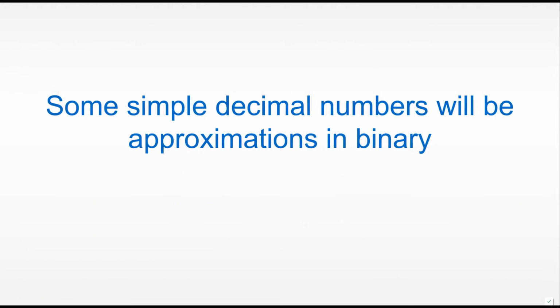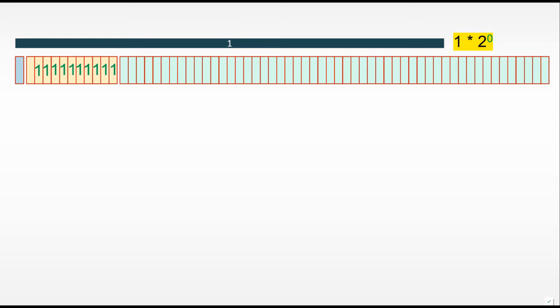Something else which many people get confused about is why simple decimal numbers give us strange results in JavaScript. The reason for this is that sometimes simple decimal numbers do not make simple binary numbers. For example, we have the number 1, which we can represent in binary as 1 times 2 to the power of 0.